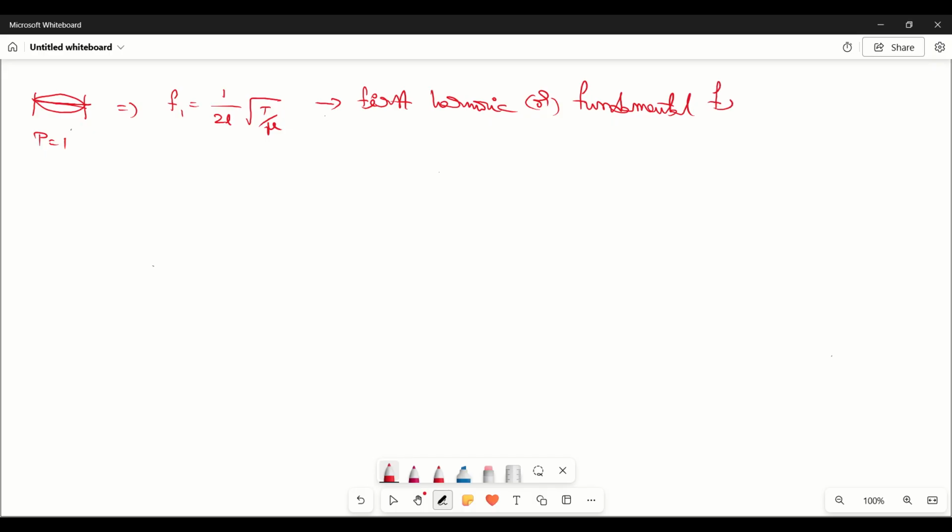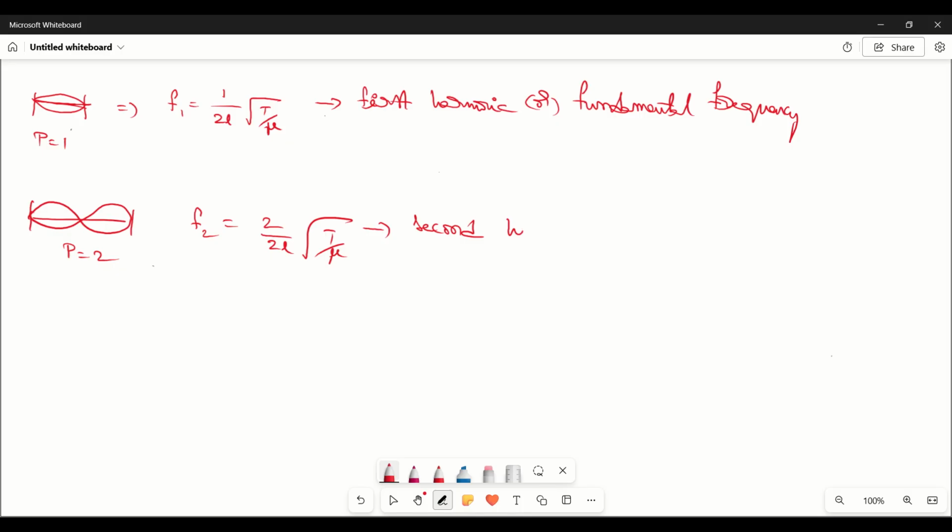Whereas if two loops are formed across the string, we can substitute p equal to 2. So the frequency is given as 2 by 2L into the square root of T by mu, where we represent it as the second harmonic, or we represent it as the first overtone.